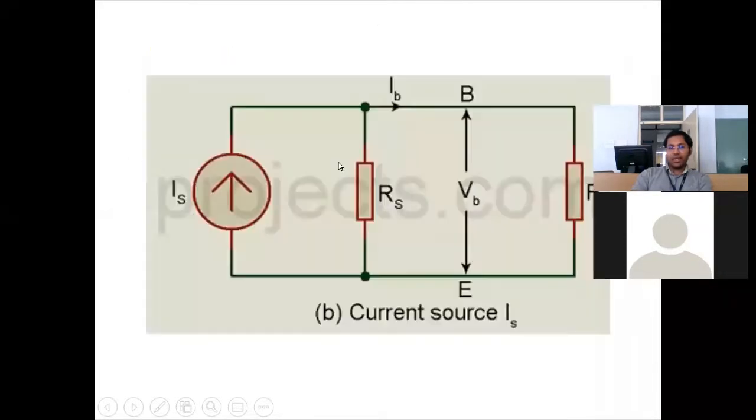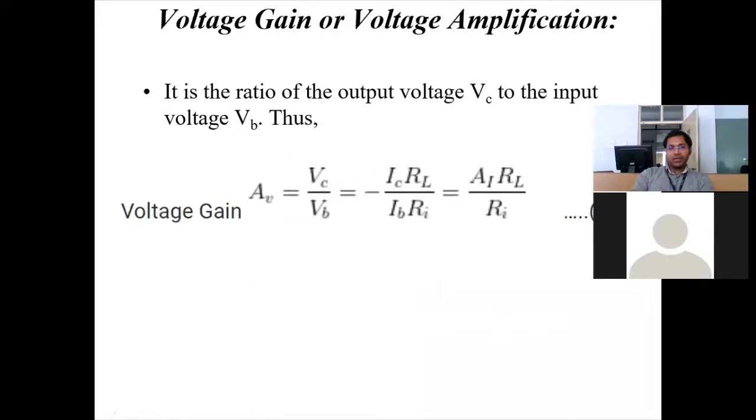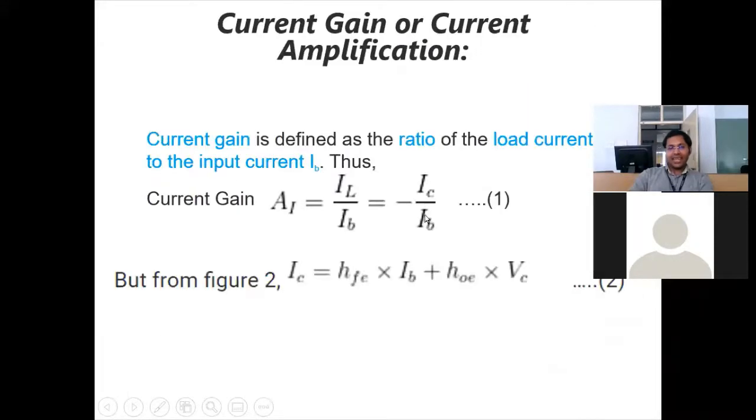Let us go back to the previous slide. Here, VC by VB is AV. And next, what is AI? AI is minus IC by IB.